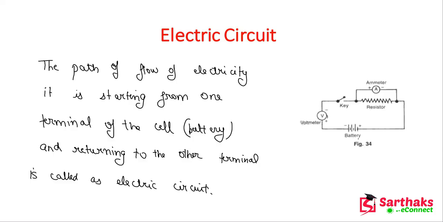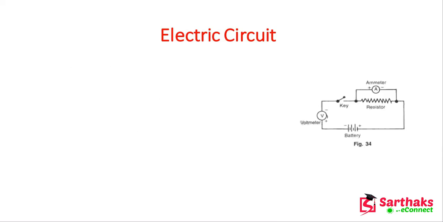Now, how an electric circuit is made is clear, and we are going to talk about the ammeter and voltmeter. As you can see, the voltmeter and ammeter are the two instruments that are used.